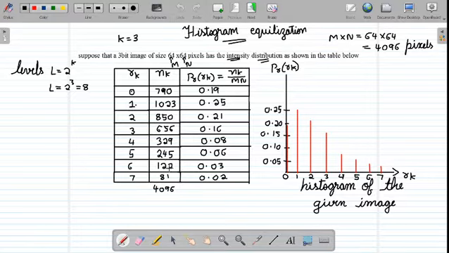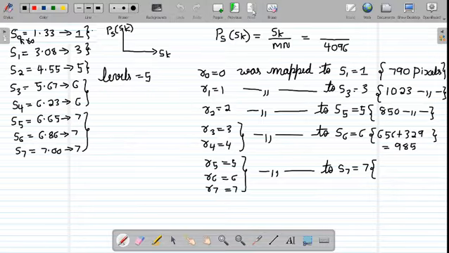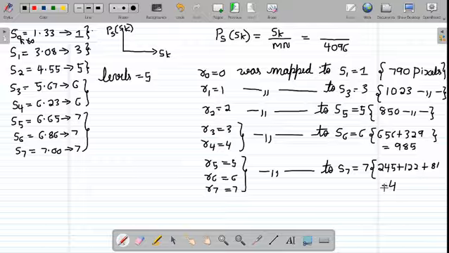So 245, 122 and 81. So it is 245 plus 122 plus 81. So that would be 448 pixels.